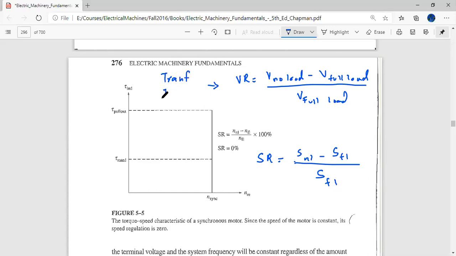Let me correct this: it is applicable for transformers and synchronous generators, because the output is in the form of electrical output. So we have been able to calculate the voltage regulation. You can also calculate it as a percentage by multiplying by 100. Speed regulation can also be found as a percentage by multiplying by 100.